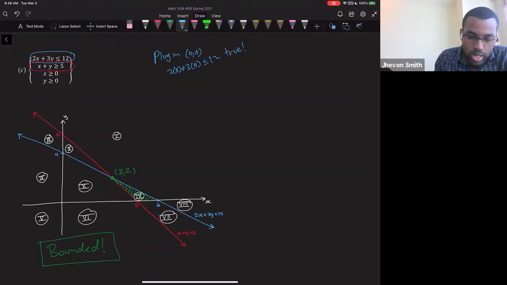So I know that the origin is in the solution, but the origin is below the line, right? So I know below the line is what solves that.